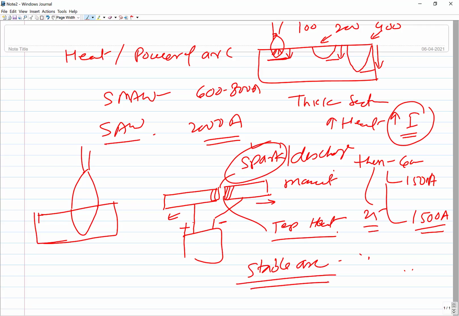A stable arc is a continuous spark with constant current, with no flickering and no extinction; it remains there. So heat is continuously produced and transferred to the base metals for the desired fusion.